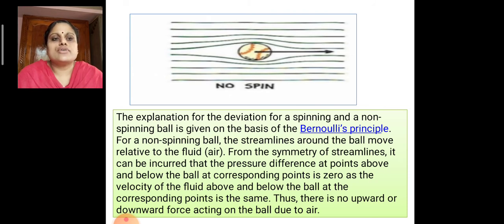From the symmetry of its streamlines, it can be inferred that the pressure difference at points above and below the ball at corresponding points is zero, as the velocity of fluid above and below the ball at the corresponding points is the same. Thus, there is no upward or downward force acting on the ball due to air.